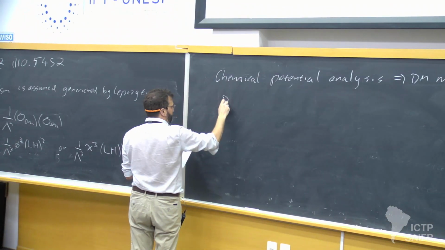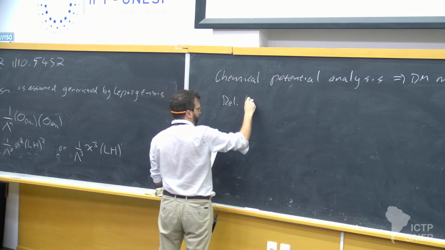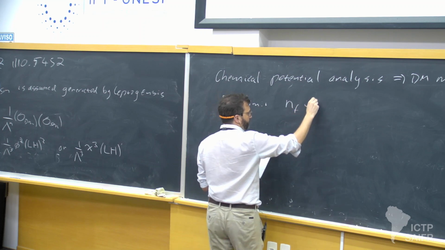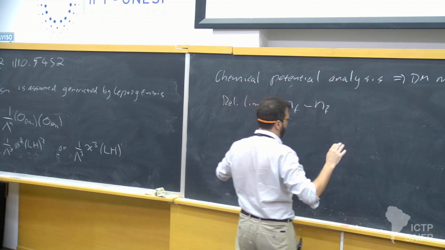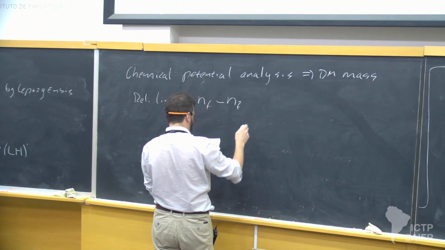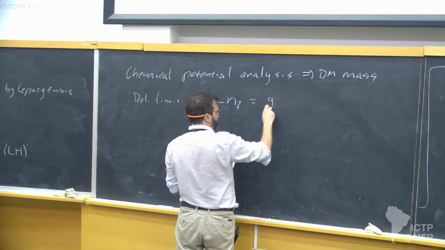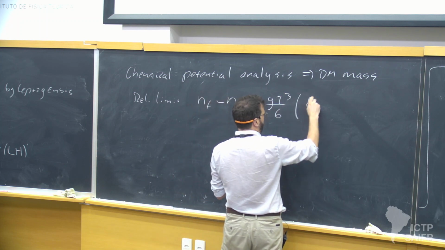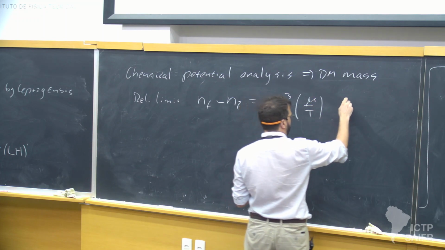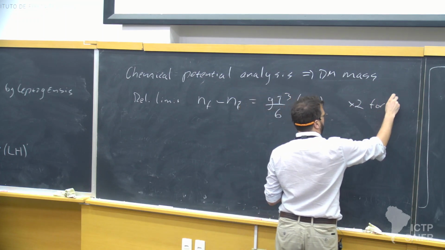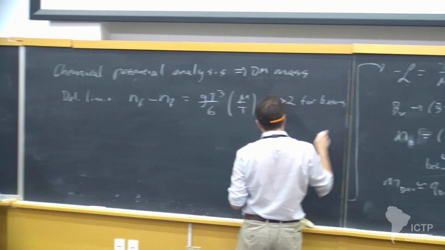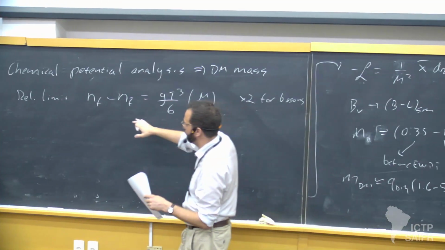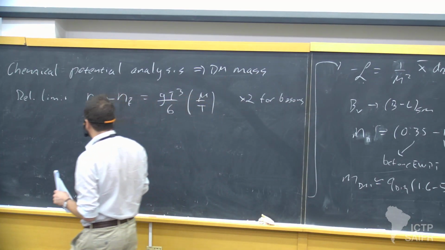To do this, we need to use the fact that in the relativistic limit, the number of fermions minus the number of antifermions is given by g T cubed on 6 times mu on T, and times 2 for bosons. In the relativistic limit, I mean the temperature is higher than the masses of the particles. Okay? This is going to relate the chemical potentials, which we're going to find, to number asymmetries.